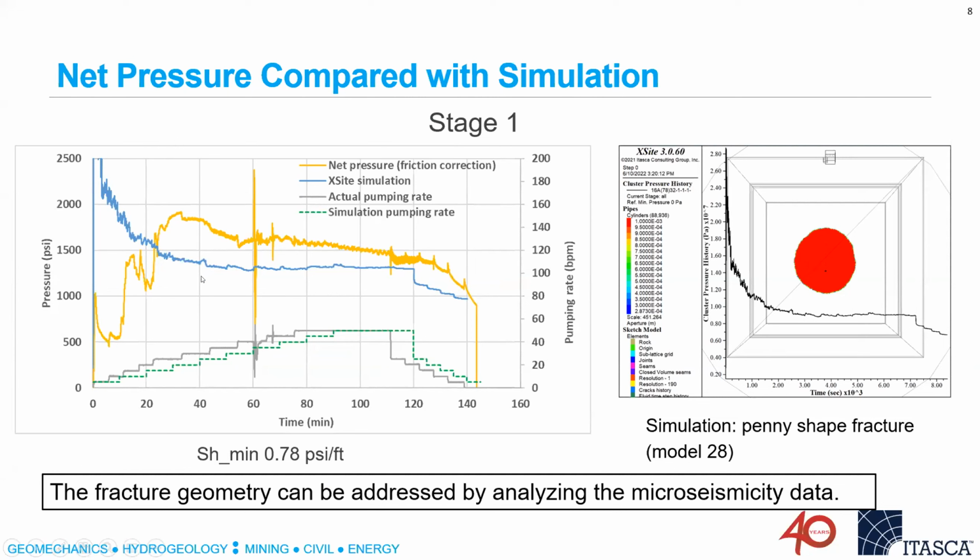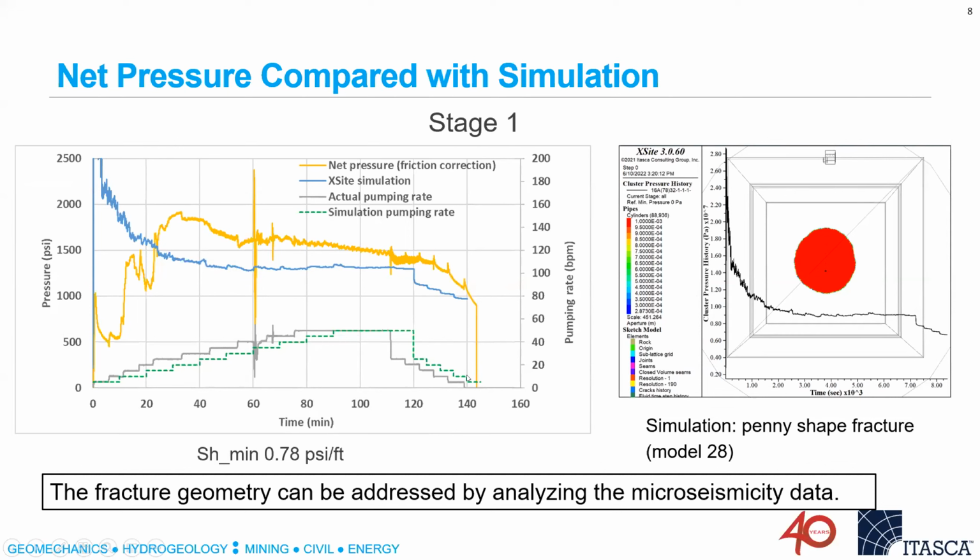So here we compare the net pressure of the stimulation with simulation. So again, we compare these two cases, and this is explained by both models, and it looks like this second one is closer, has a closer trend.